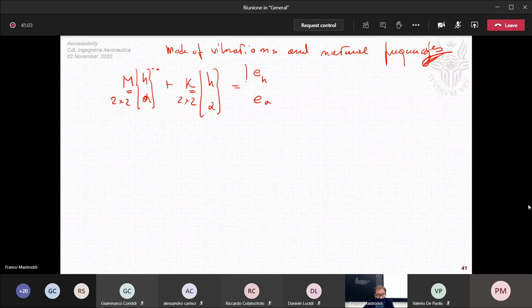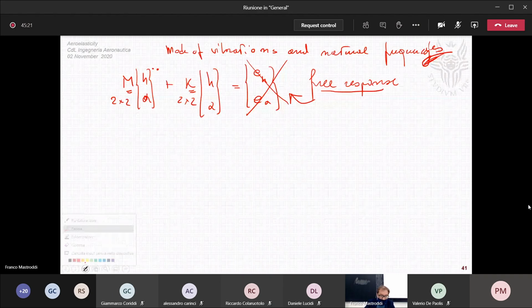But in the case of free response, we have 0 here, and the modes of vibration are obtained by solving the determinant of K minus omega n to the power 2 M equal to 0.